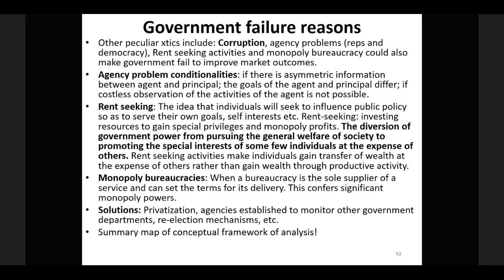So if you have these rent-seeking individuals who cloud government machinery and are in the habit of winning these contracts that are supposed to ensure that these market failure situations are addressed, you still have government intervention, but the market failure situation will exist. Then we talk about bureaucracies.